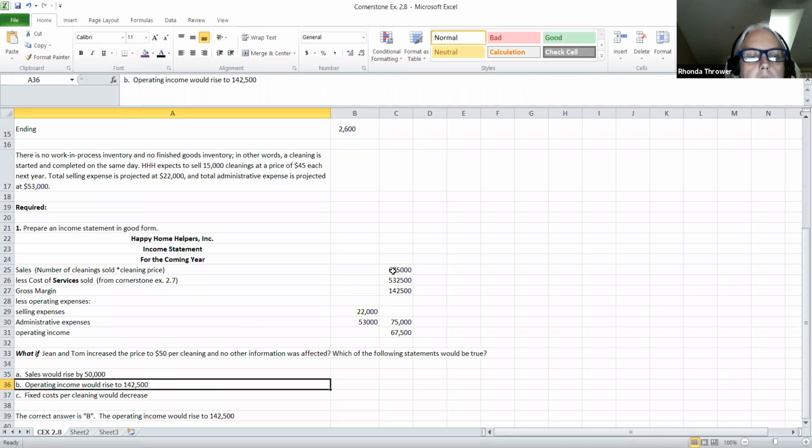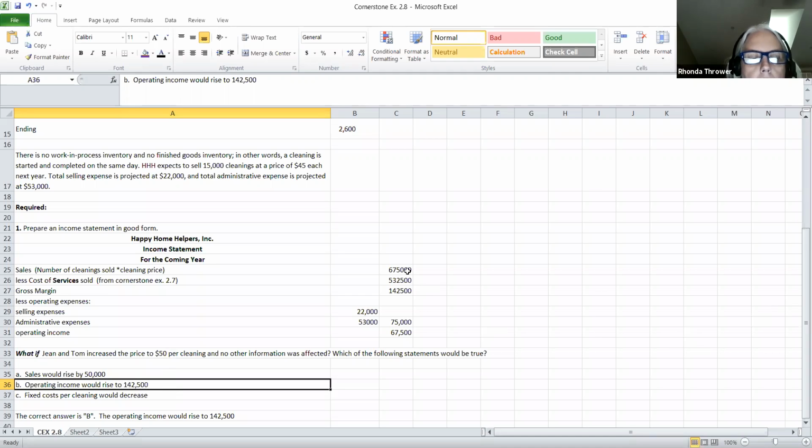It actually increased from $45 to $50, so there'd be a $5 difference per unit sold. And therefore the operating income would increase by this difference, and the operating income would rise to 142,500.